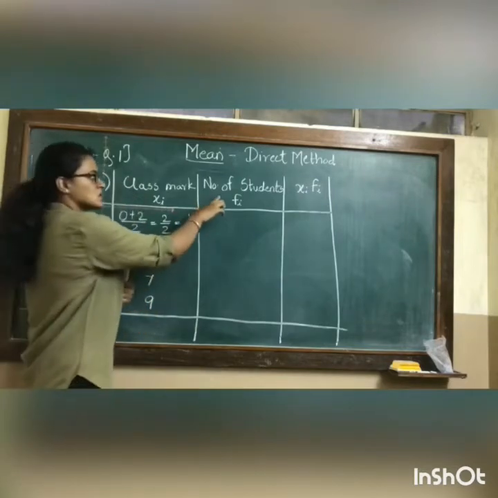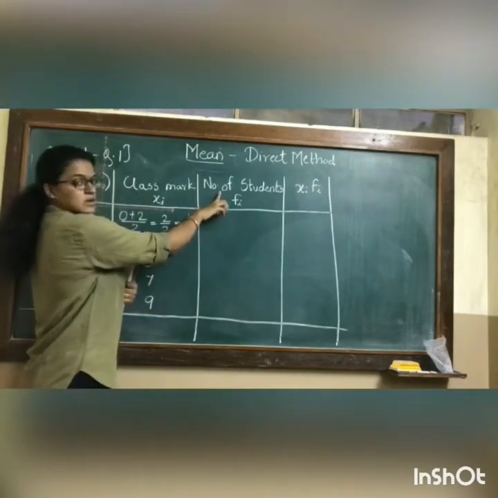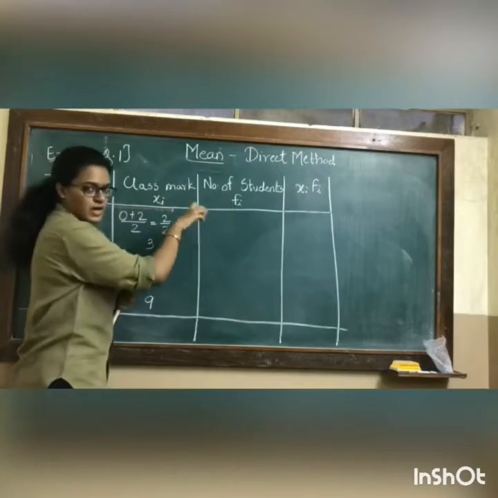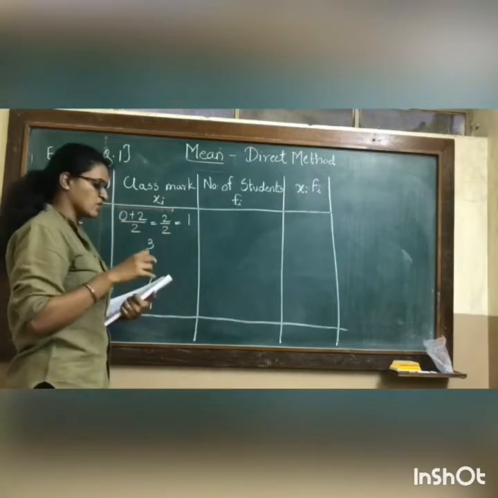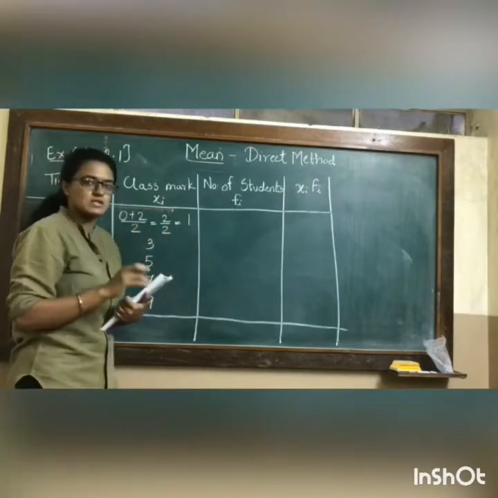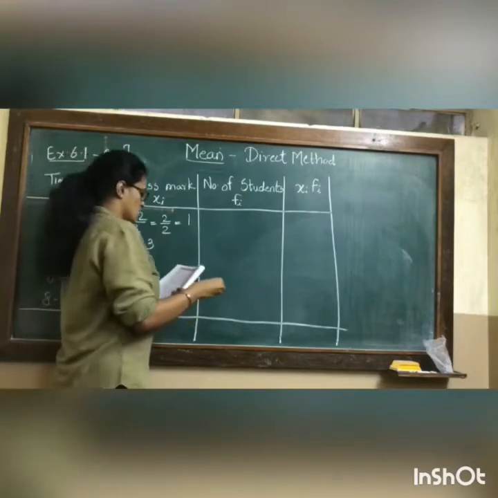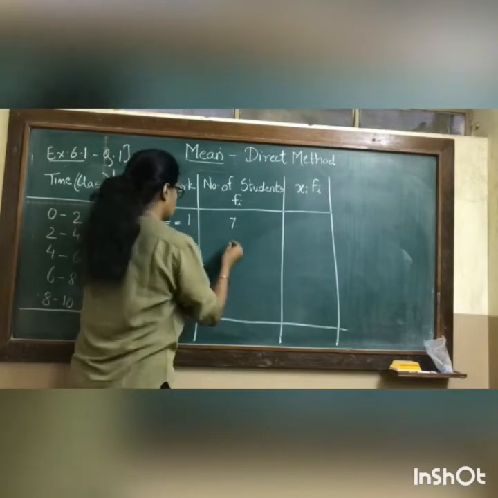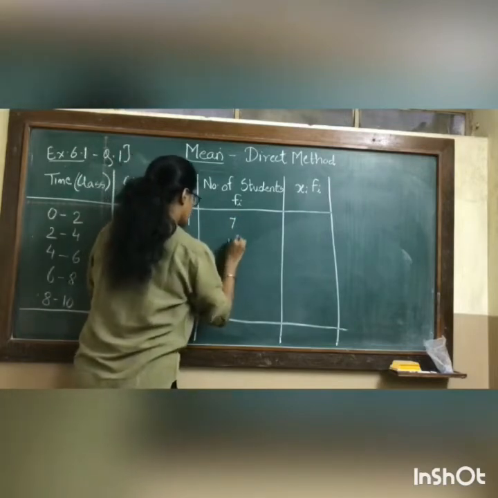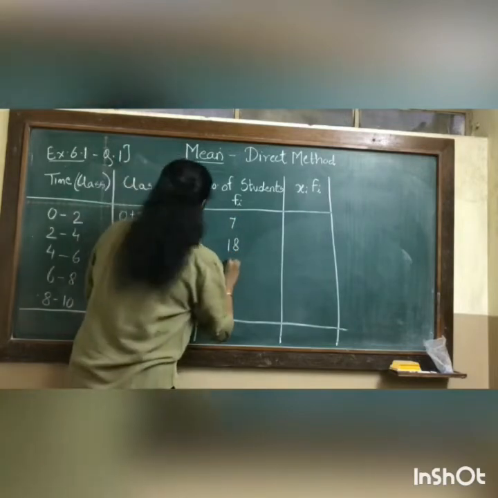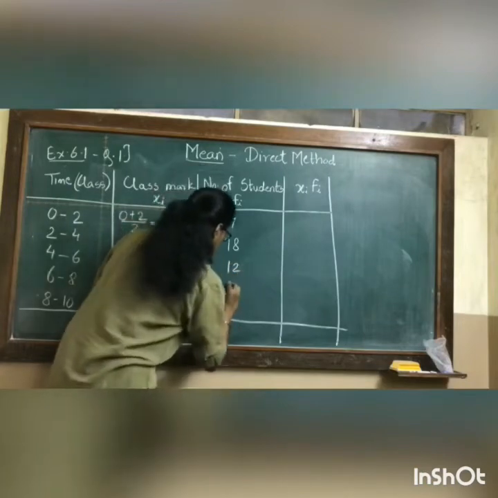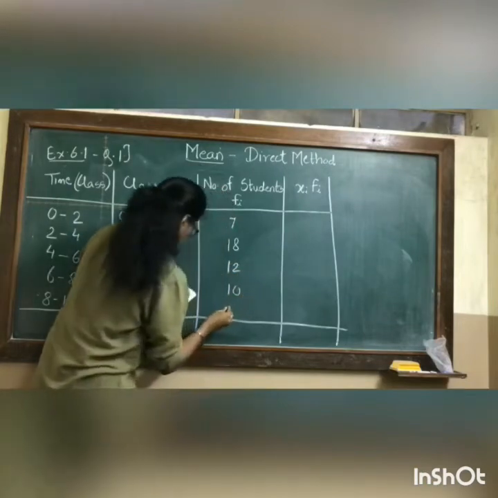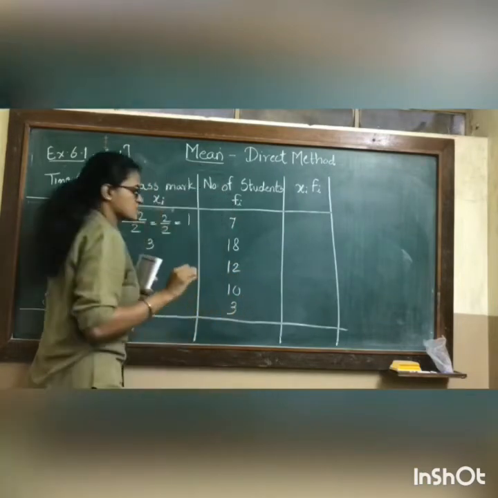Now next is the number of students, that is Fi, that is the frequency. We have to write it down as it is from the question. So let's write down the frequencies: 7, 18, 12, 10 and 3.